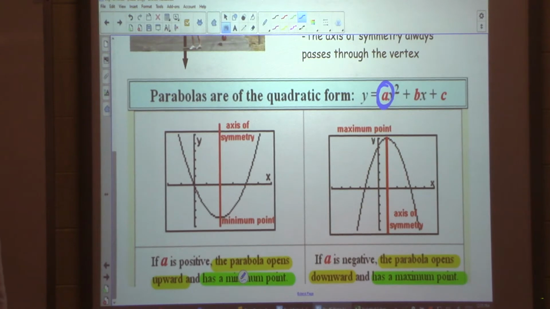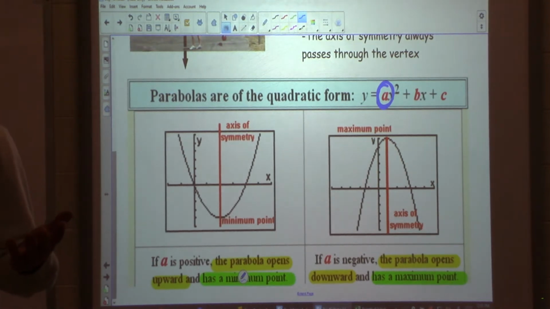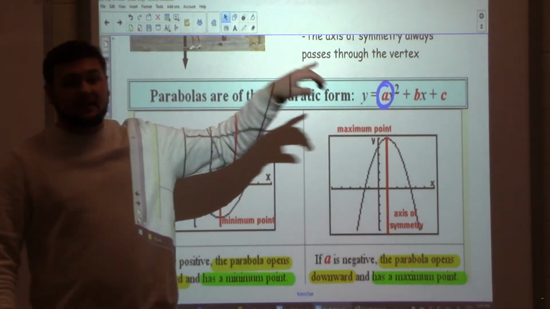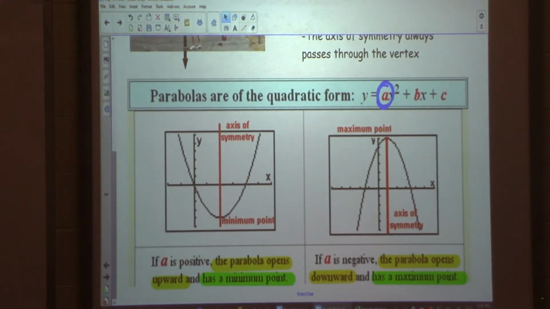If it's negative, it frowns. Opens down. Right? That's the way that I used to remember it. Do you need to use that way? Absolutely not, but if it helps you, it's awesome. So, that's the difference. That's how we can tell just by looking at our a value, looking at our equation, if it's going to open up or down. We'll also see it when we graph it, obviously. Okay? Cool? Questions so far?